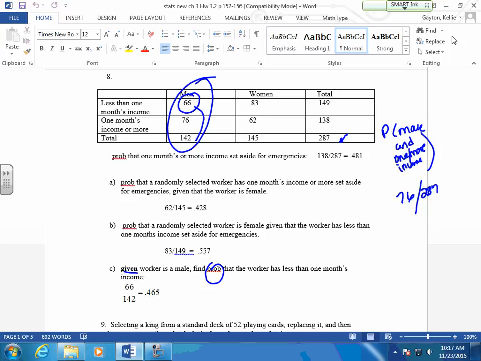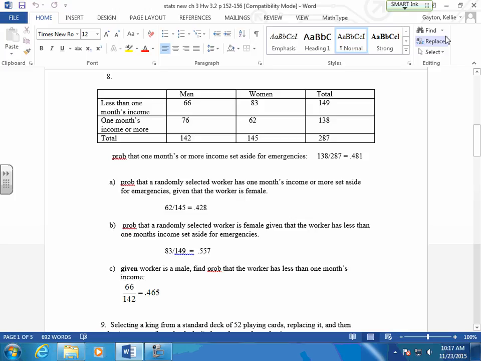My and situation says he has to be a male, and he has to be this. But I'm not in this row anymore. This is the only thing that they intersect over my total. Okay. Yes. Then it would be the total of what you find in your given. But you can write it a little differently. So it depends how they write these things. You really got to watch the wording on these.